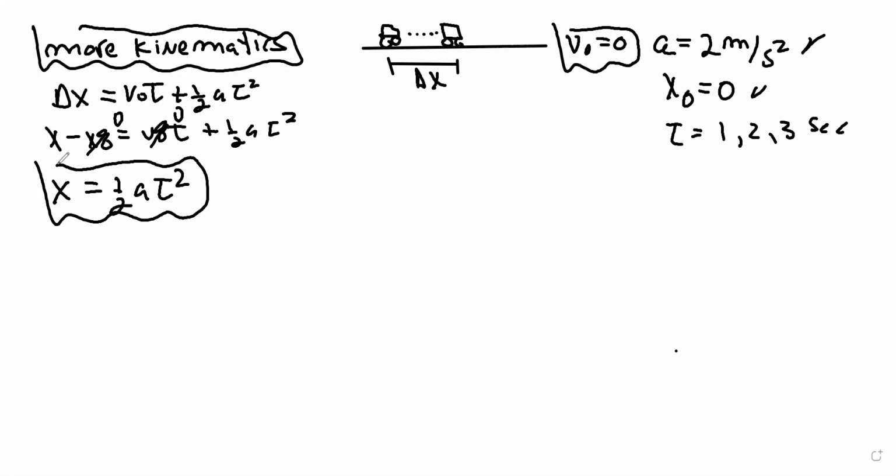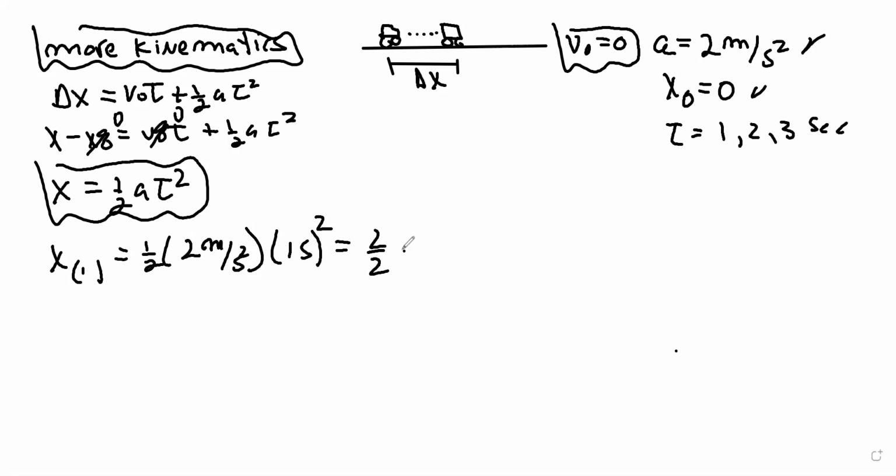Let's do it for 1 second. It's going to be 1/2 times 2 meters per second squared, your acceleration, times 1 second squared. That's 2/2 meters per second squared times 1 second squared, and you cancel the units and get 1 meter.